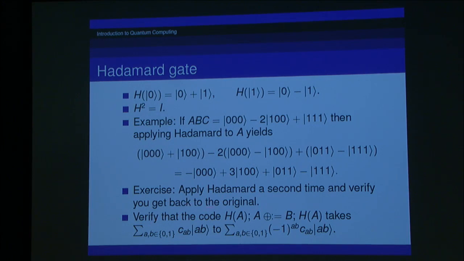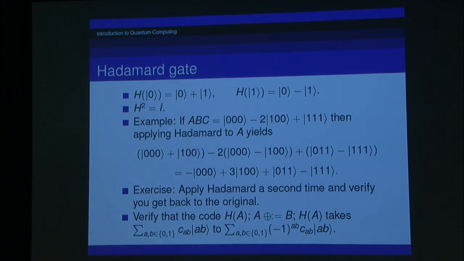Here are some exercises. If you'd like to go back through the slides, you can try applying the Hadamard a second time and verify you get back to the original, which you should because H squared is 1. And you will pick up a multiple of 2, but this global multiple doesn't actually affect anything because we're modding out by scalars.